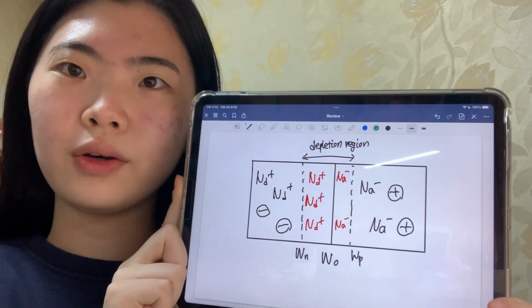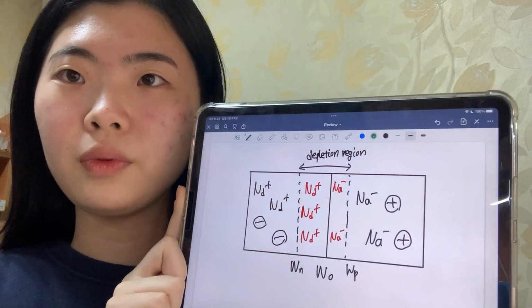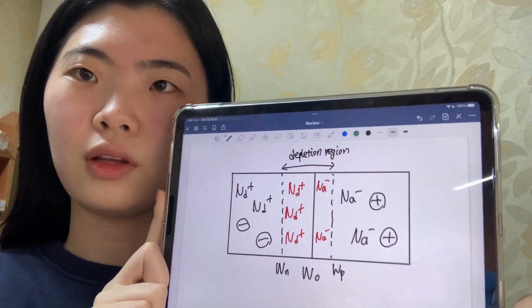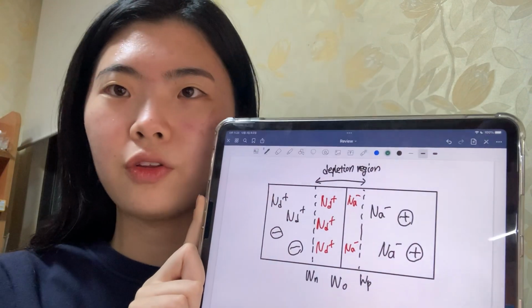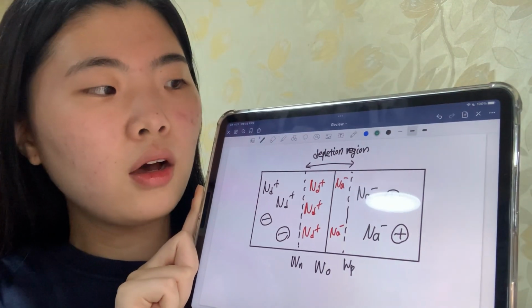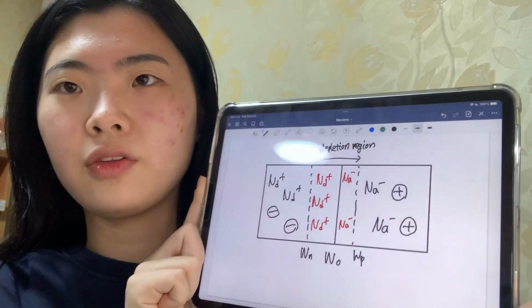First, let's talk about this semiconductor. It is doped at different concentrations on the left side and the right side. The left side is n-type semiconductor, but the right side is p-type semiconductor.